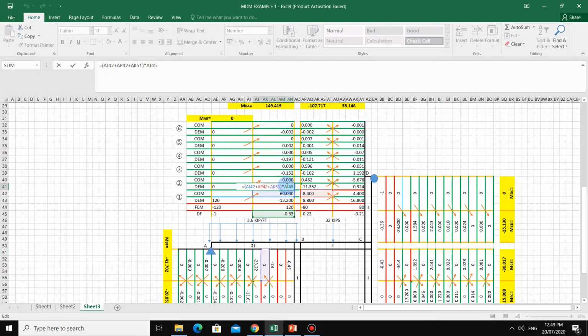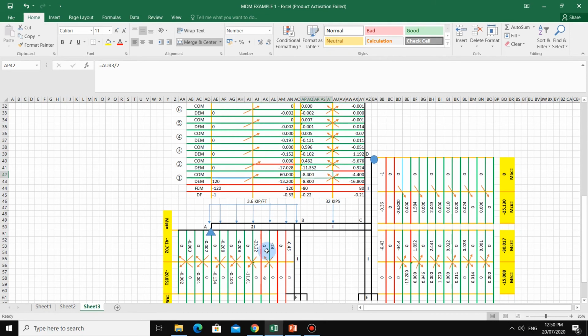So it is the same, guys, with the first cycle. So COM now, COM of BA, COM of BC, and COM of BF, then times the distribution factor. Okay, the same with this. So 60 plus negative 8.4 plus 0, then times the distribution factor, which is negative 0.22.